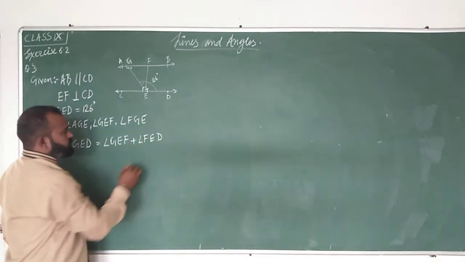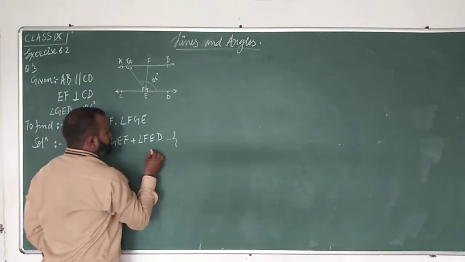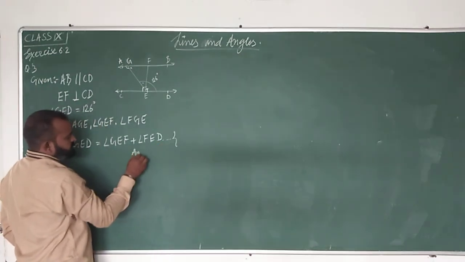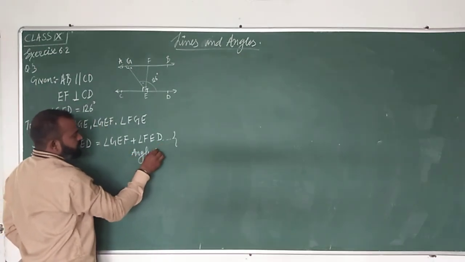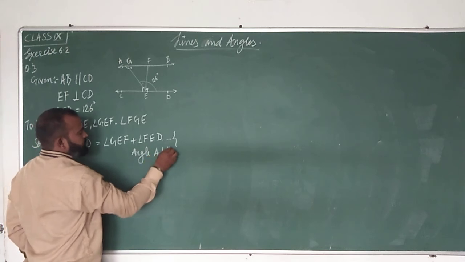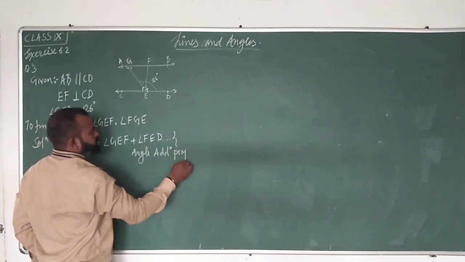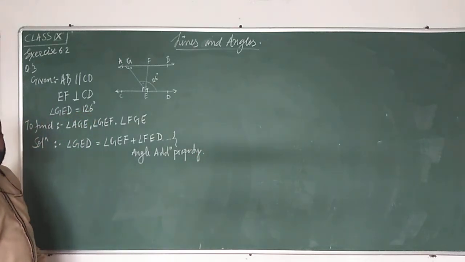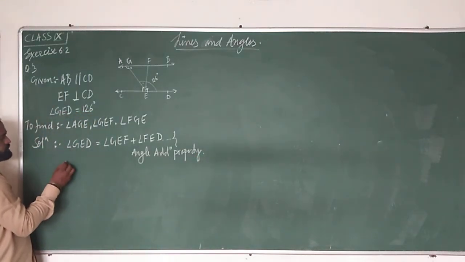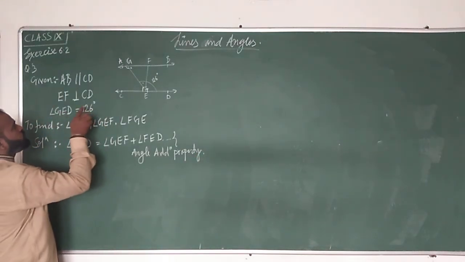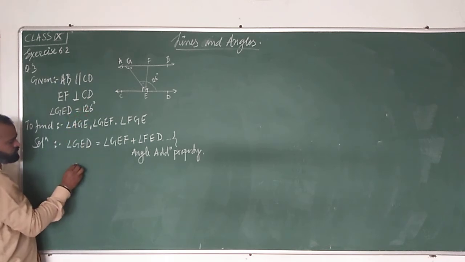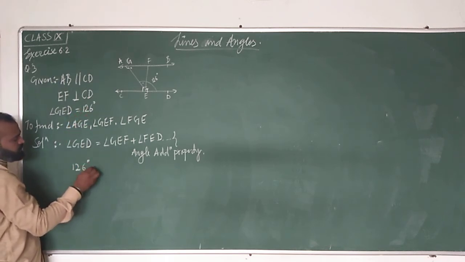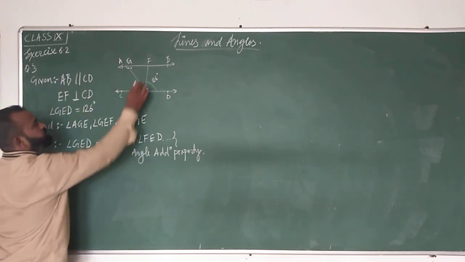Don't get confused. What we have done here is the angle addition property; we have added the angles. Now angle GED, you know it is 126 degrees, equals GEF.